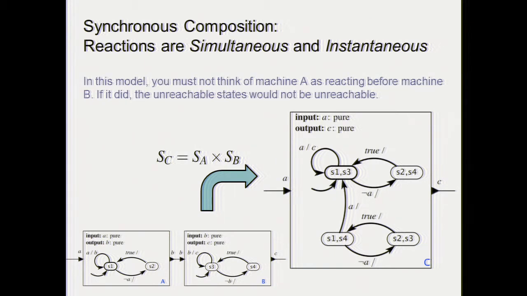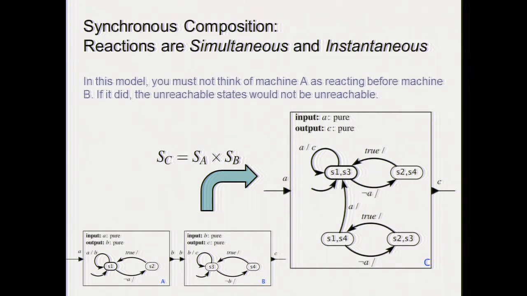If A is not present, I go to S2, and then I come back to S1, putting out nothing. For the second machine, if B is present, then I'm outputting C, and I stay there. If I have no presence of B, then I go to S4, and then I always come back, outputting nothing. The composition has primary input A, the inputs to the combined system, and primary output C. And B is an internal variable.